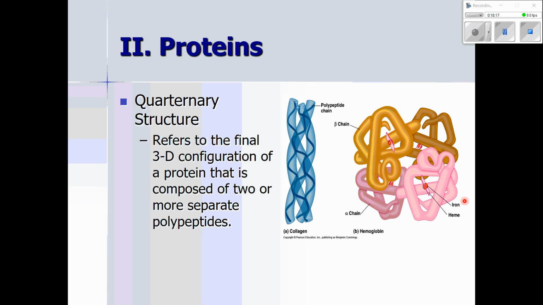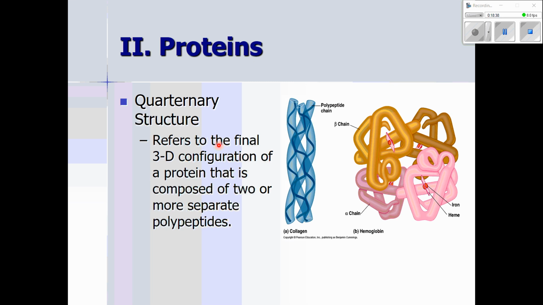So when you have a single protein that's made up of multiple three-dimensional polypeptides, we say that protein has not just primary, secondary, and tertiary, but it also has quaternary structure.